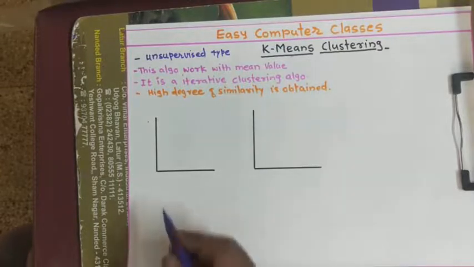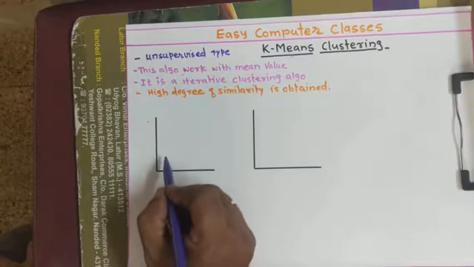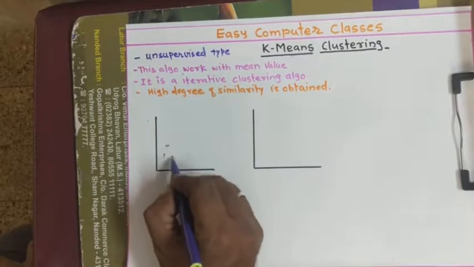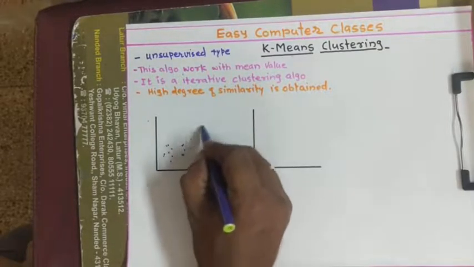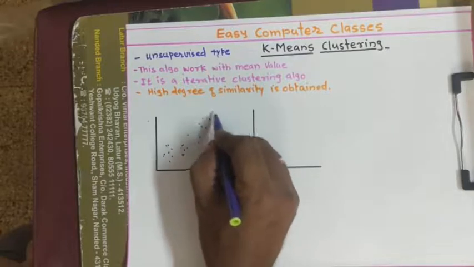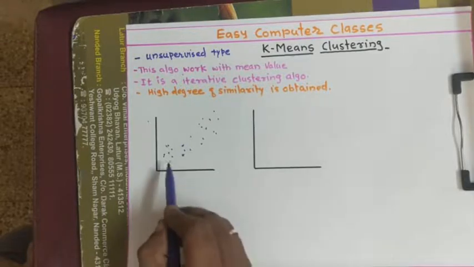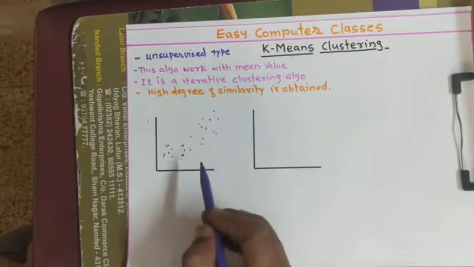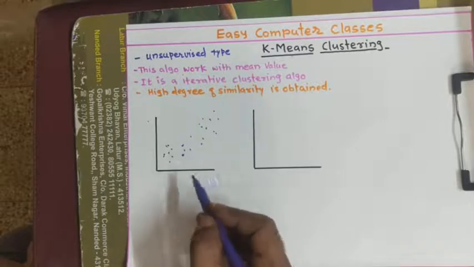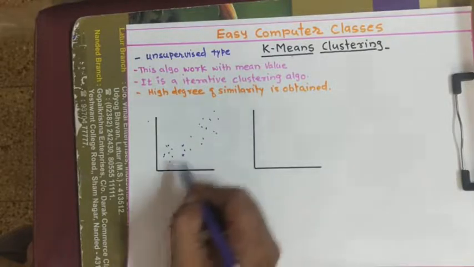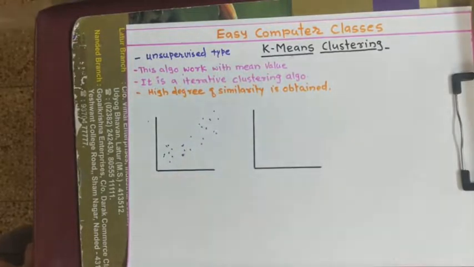Suppose we have the points like this, let us see this diagram. As the concept of clustering says that we don't know the predefined classes in advance, it is very difficult for the user to identify the clusters. From this diagram we cannot easily identify the clusters.